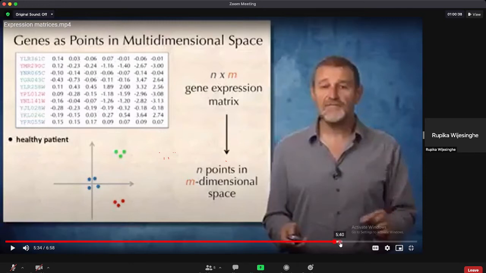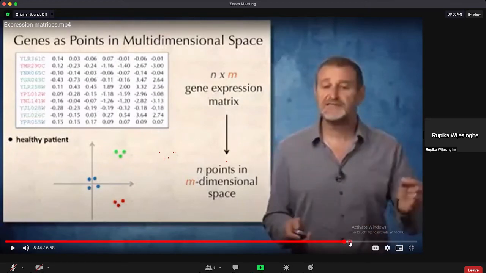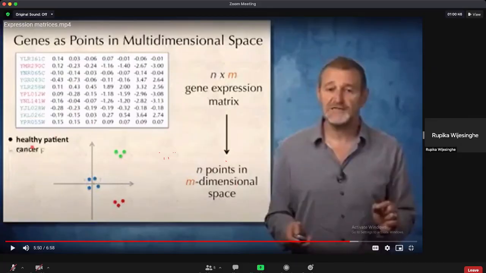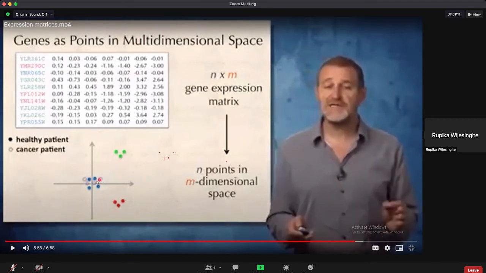If you try to plot the cancer data on the same plot, we expect these genes' behavior to be the same in the cancer patients also. So you expect the values to be the same, which means they will plot on the same spot, right? You can see here, somewhat similar.